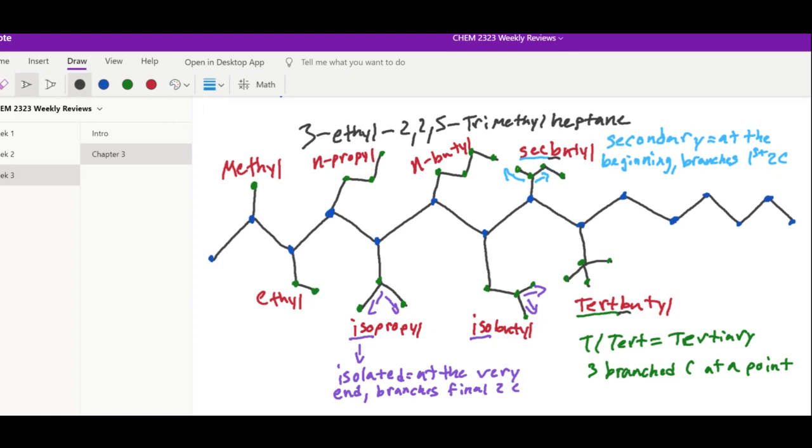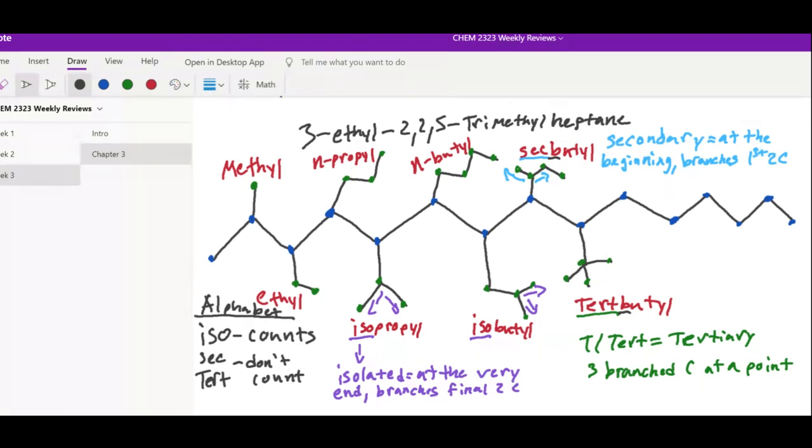So I'll write that down. So iso counts, sec and tert don't count. I'll just say alphabet right here. Okay.